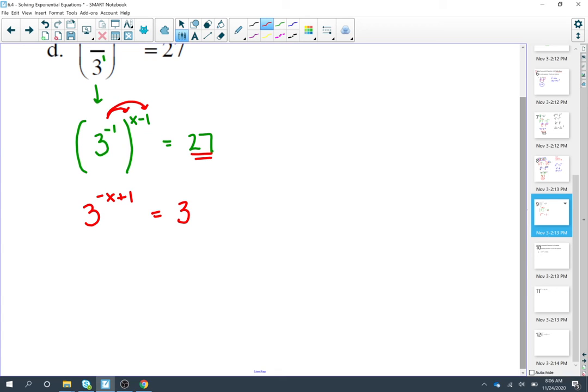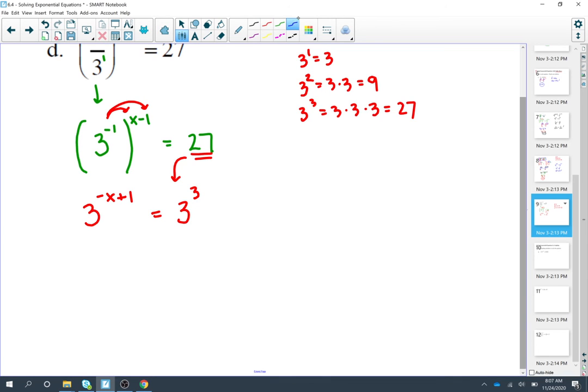So we do some guessing and checking. 3 to the first power is 3. 3 to the second power is 3 times 3, which is 9. 3 to the third power is 3 times 3 times 3, which is 27. And that's what I want. So 3 to the third power is 27. And then it didn't have any other power, so we just leave it.